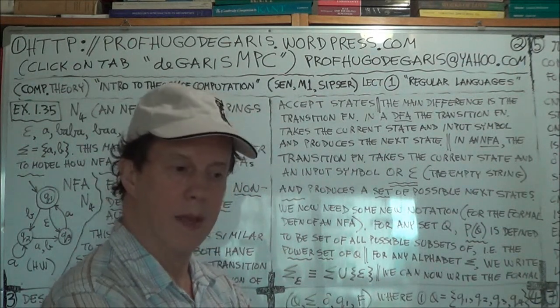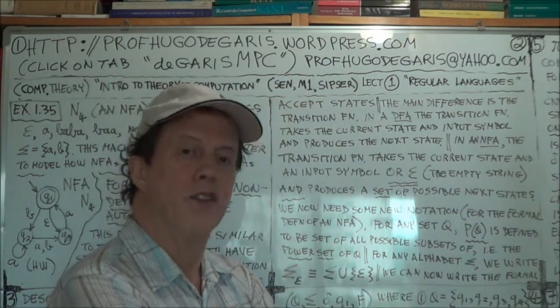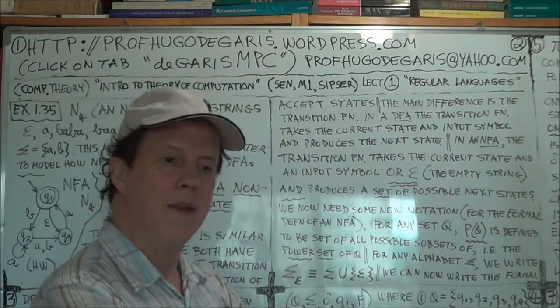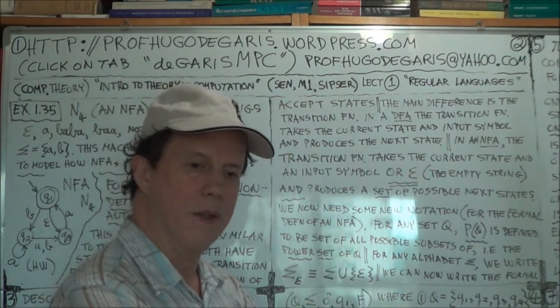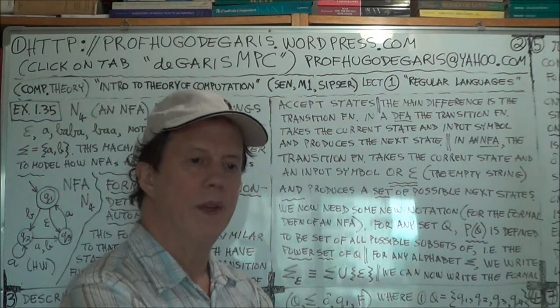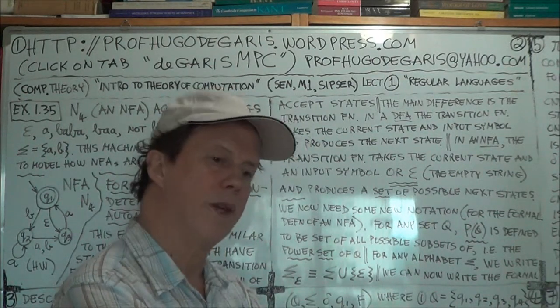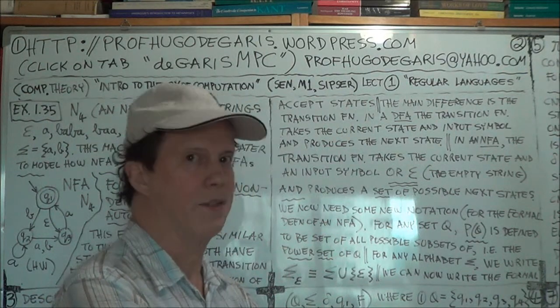right? And that decision will depend on two things, two parameters. Depends on your current state and what input symbol you're currently reading, right? And depending on those two things, you make a decision what the next state should be.